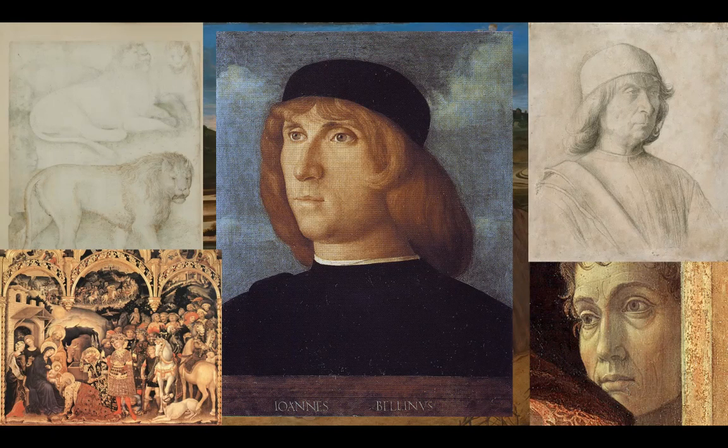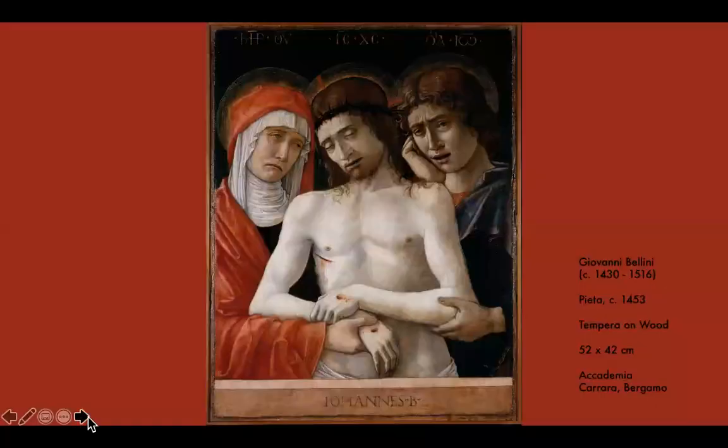Okay, and so now we are going to venture into the workshop and look at one of Giovanni Bellini's paintings here. All right, so this is Giovanni Bellini painting early in his career. This is painted around 1453 when he is in his early 20s.